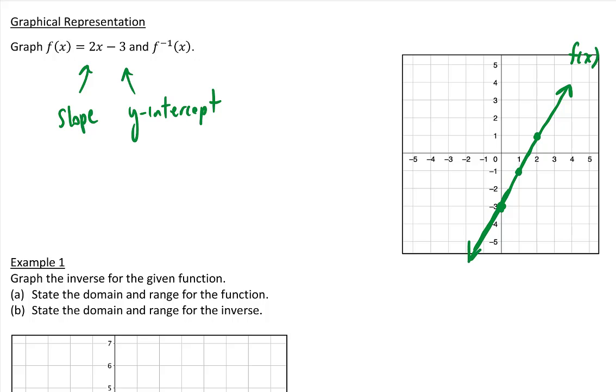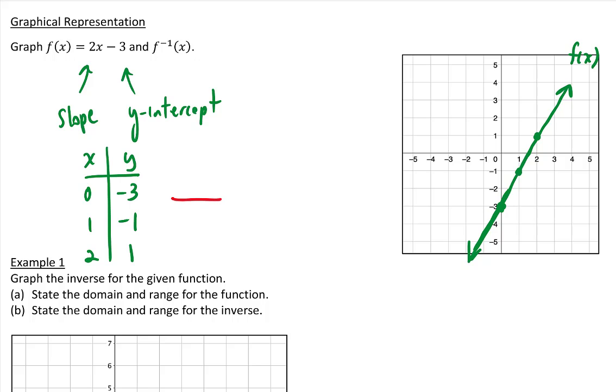If I want to graph the inverse on the same grid, this is where we switch the x and the y. So let's take the 3 points that we just graphed. So we have 0 and negative 3, 1 and negative 1, and 2 and positive 1.